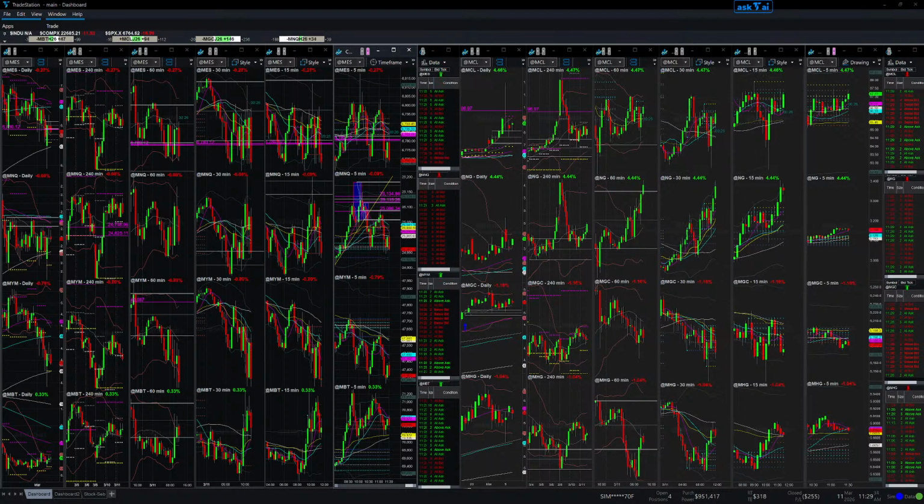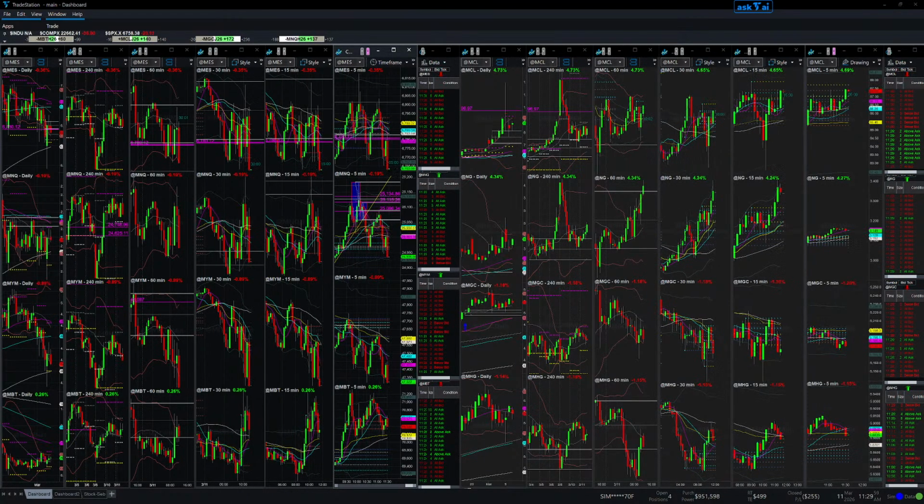Where is your entry? Your entry is the setup part. Looking at the structure forms your bias, gives you context of the market. But now you have to dig deeper and look for a good setup where it makes sense to get in, because we want to buy low, sell high, and we don't want to chase price.